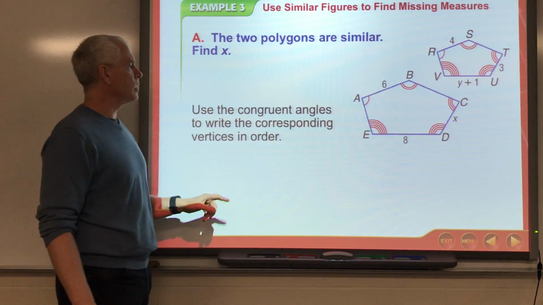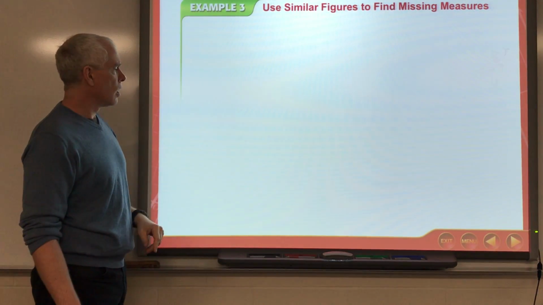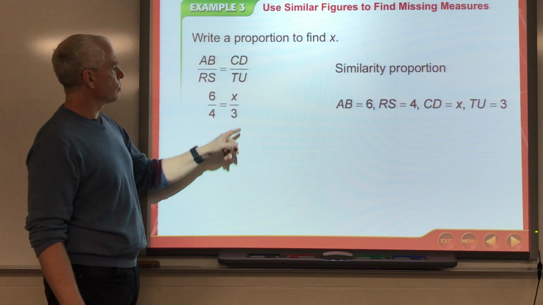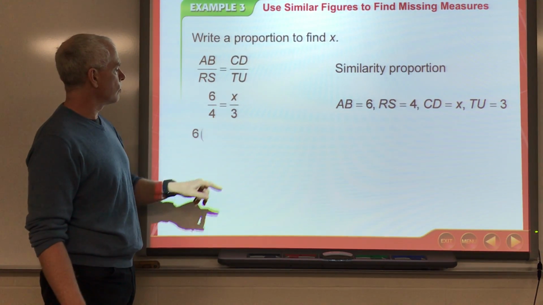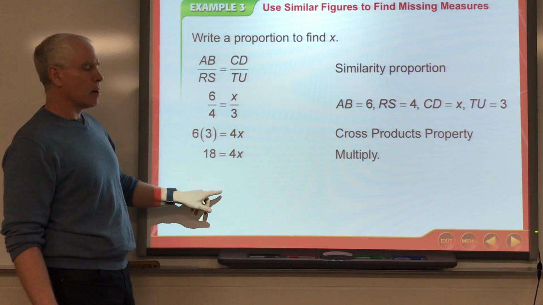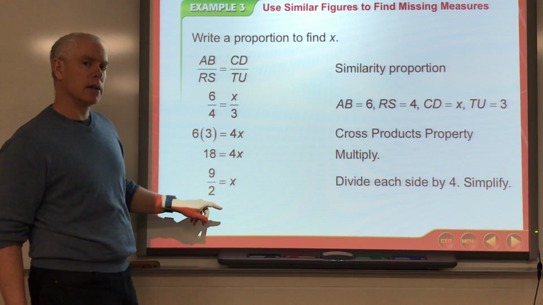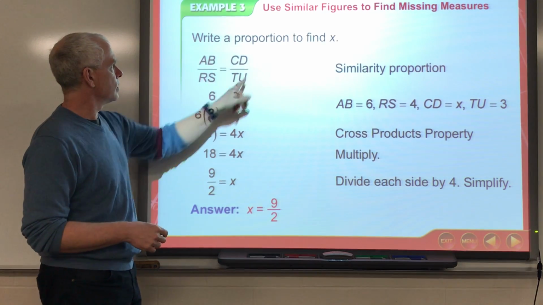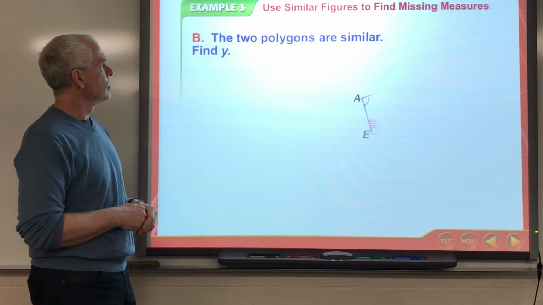And then I just have a pretty simple proportion to solve, okay? 6 over 4 equals x over 3. We know 18 equals 4x. Divide by 4, x has got to be 9/2 or 4.5, okay? So setting up the proportion is the important part here, you guys, okay?